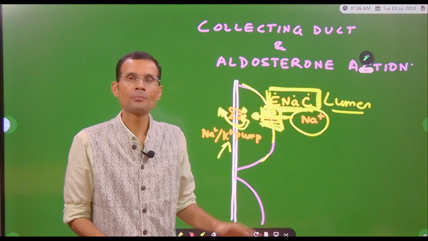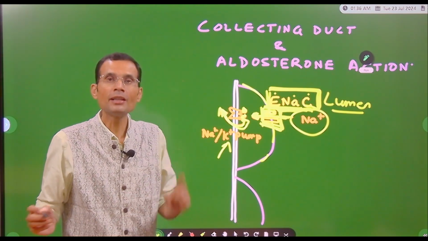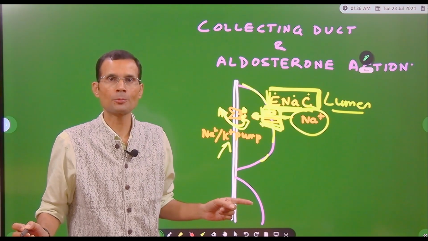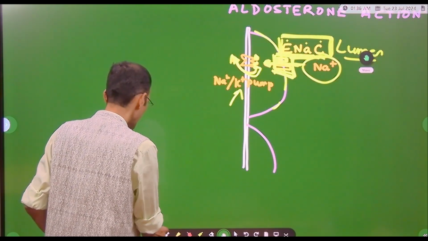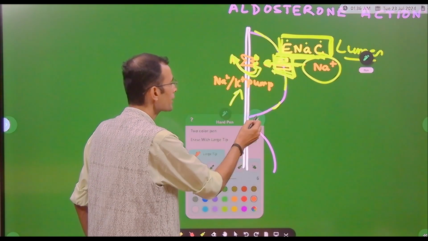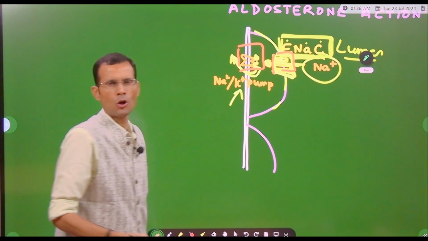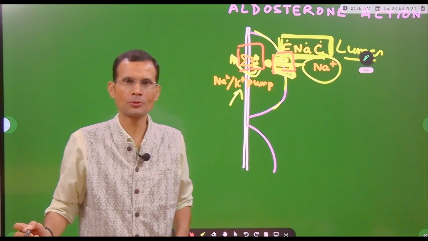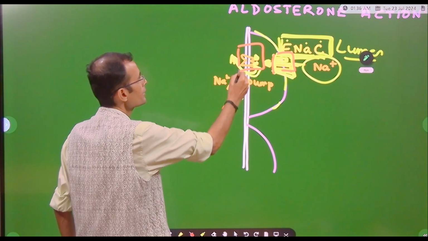We all know that. What is the action of aldosterone? Aldosterone increases this sodium reabsorption. How? Interesting to see that aldosterone is acting on both these transporters. Obviously, only then can sodium reabsorption increase.